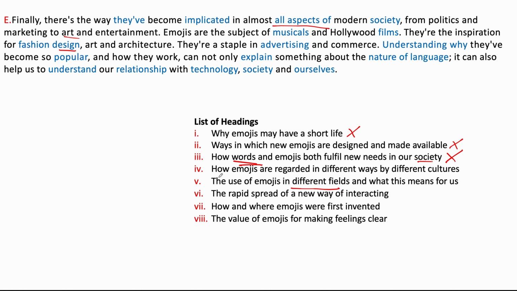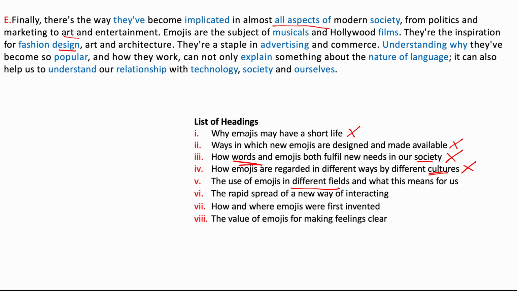The fourth heading is how emojis are regarded in different ways by different cultures. There is no mention of cultural perspectives on emojis. Fields like art and entertainment are mentioned, but not across different cultures.